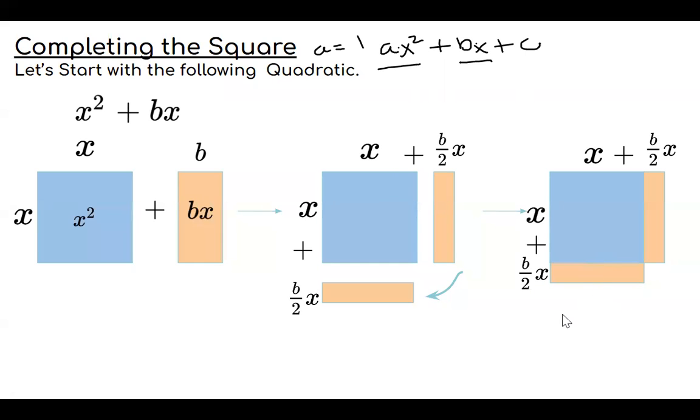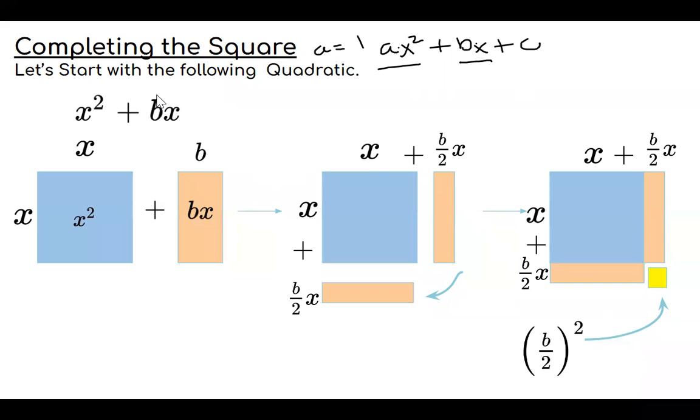In order to complete it, I'm going to complete that little square. What is the area of that square? It's our constant, but more specifically, look at the length. Its length is b over 2 and b over 2. So this figure is b over 2 to the power of 2.